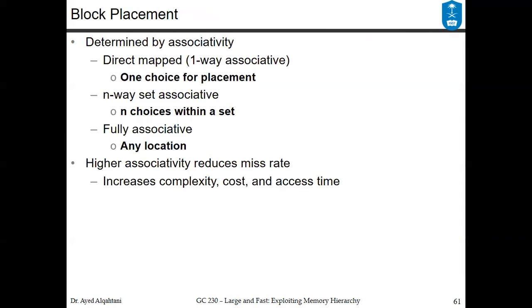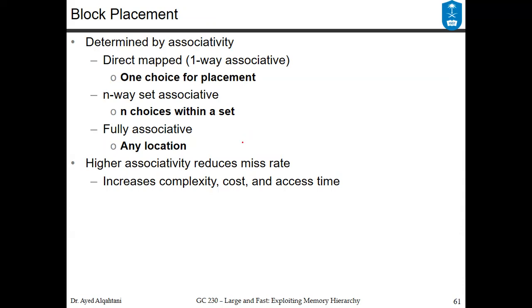So for the block placement, it's determined actually by the associativity. The direct map, which is one-way associative, you have one choice for the placement. The n-way set associative, you will have n choices within the set. The fully associative, you can place the block in any location.